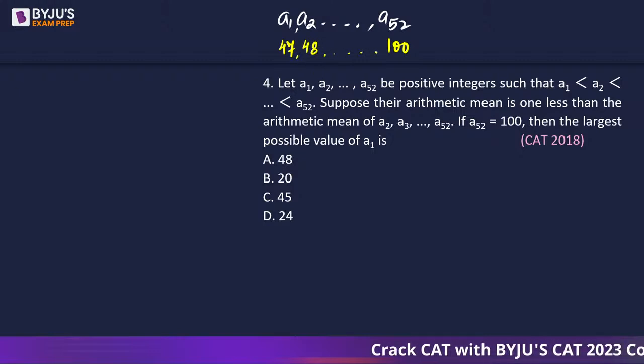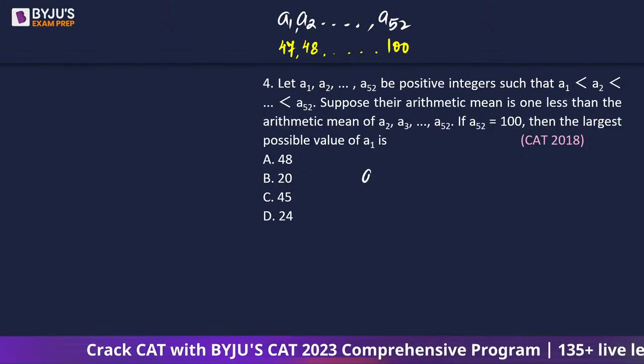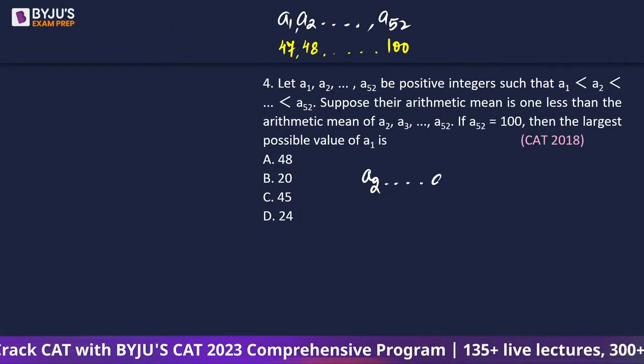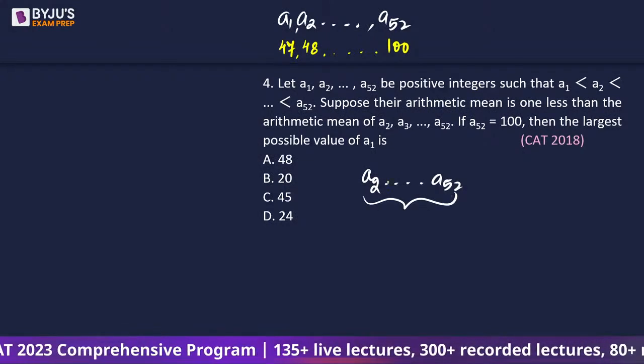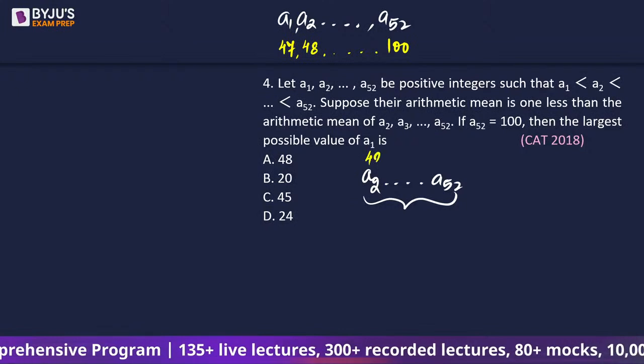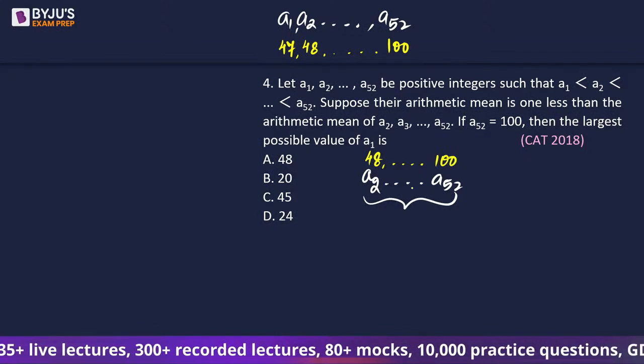ठीक है? Now, it is given that the arithmetic mean of A2 से लेके A52 का arithmetic mean, in other words, the arithmetic mean of the numbers from 48 to 100, will be the middle number, right?